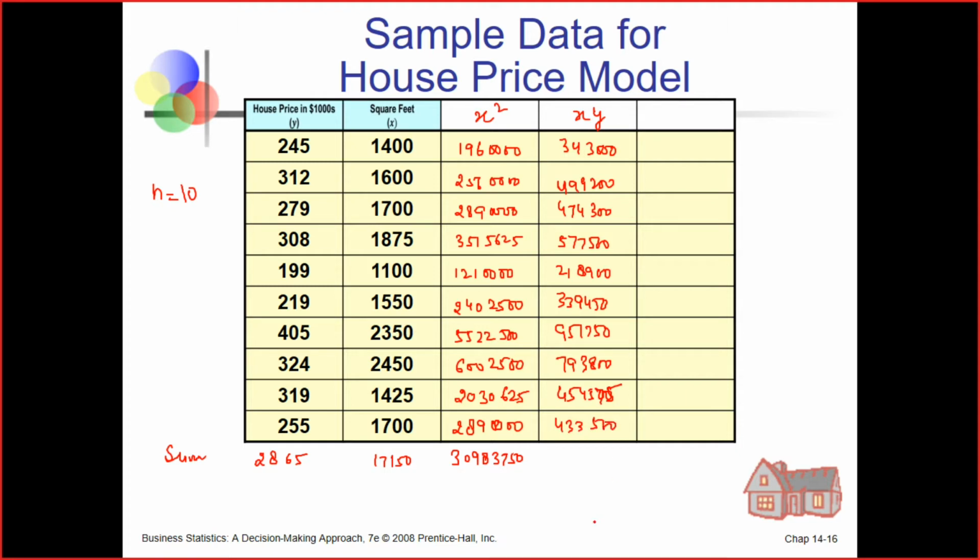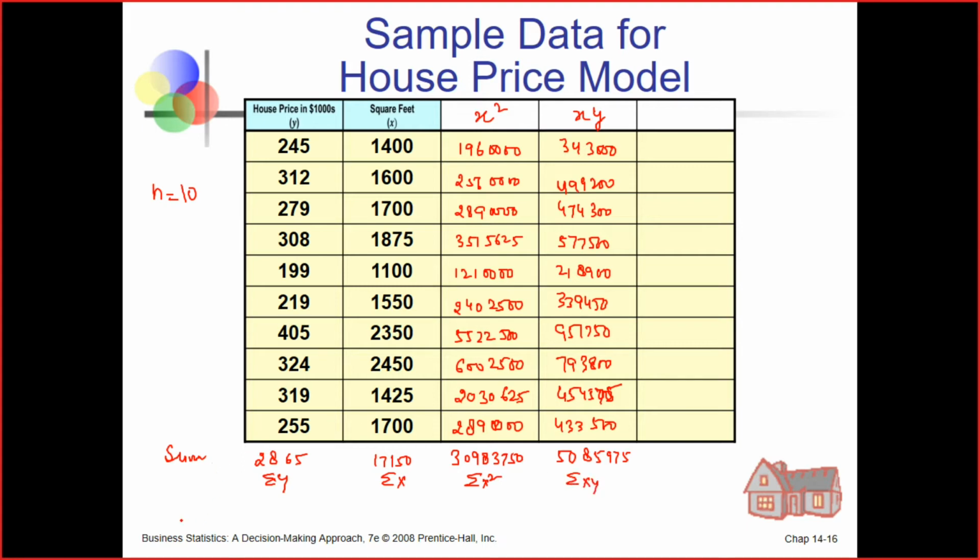These are the values. We'll add them. We'll get 5085975. So remember, this value will represent sigma y, this value will represent sigma x, this will represent sigma x square, and this will represent sigma xy.